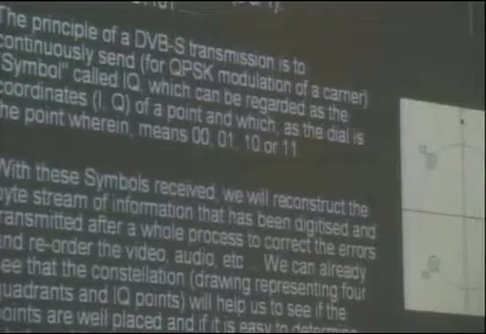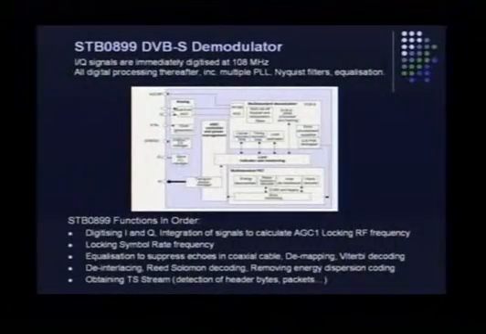We will see with the diagram. This diagram is perhaps difficult to read. Inside the STB demodulator, the STB0899, firstly, IQ are digitized.